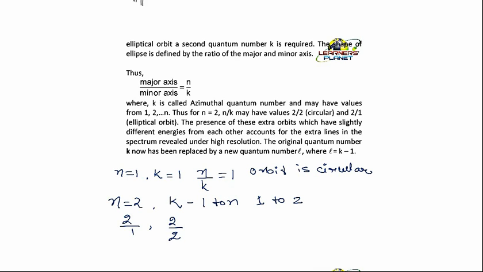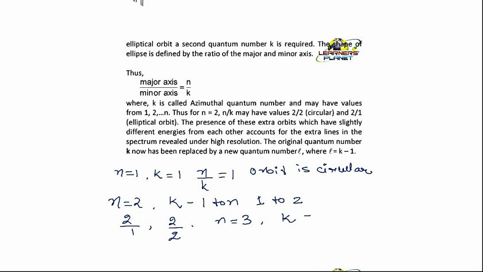That is, one is an elliptical orbit and another is a circular orbit. Remember, k can never be 0. If it becomes 0, it would be a straight line passing through the nucleus.